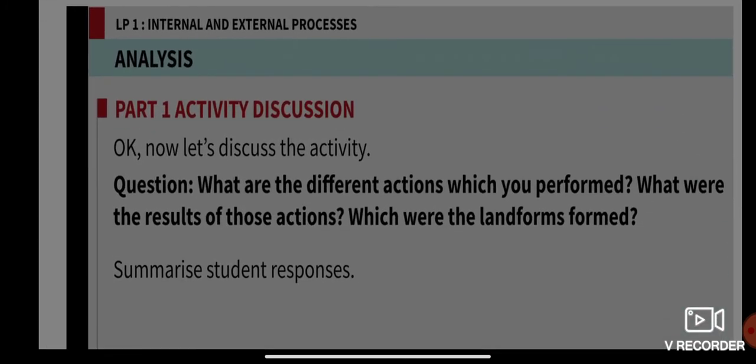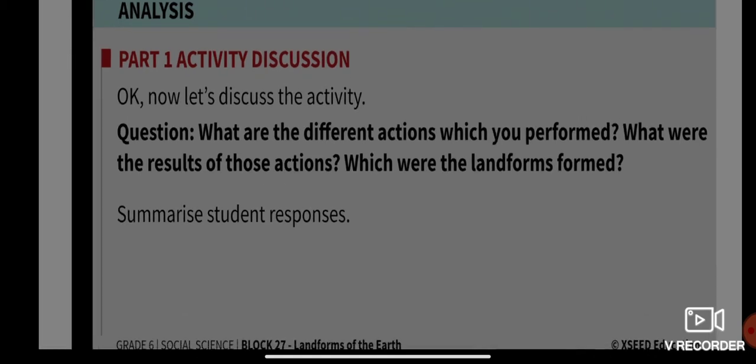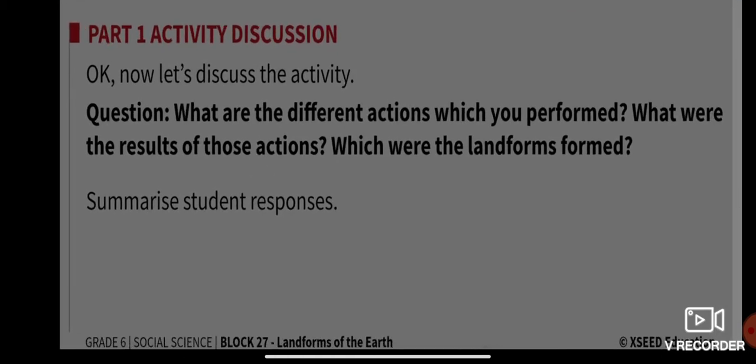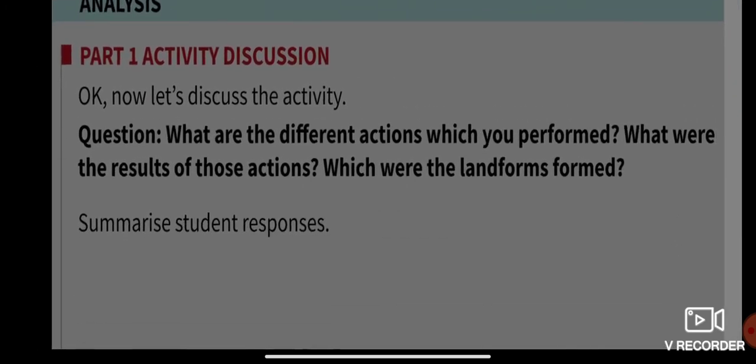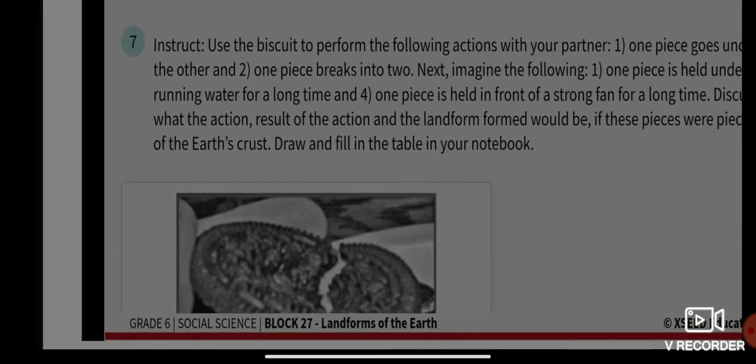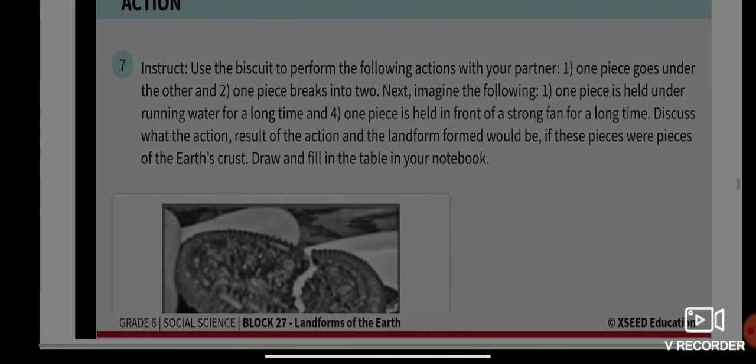All right, so you can always pause the video and then write it down. Okay, the information: what are the different actions which you perform with the two biscuits, what were the result of those actions, and what were the landforms from that, through the discussion.